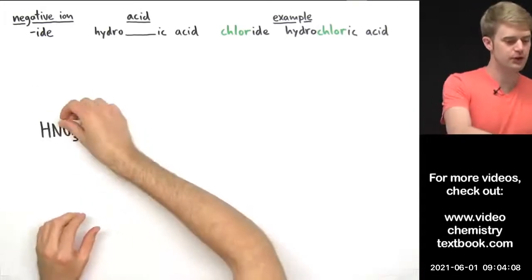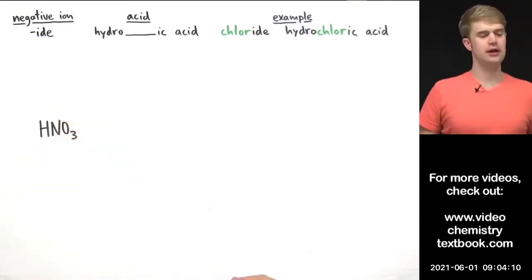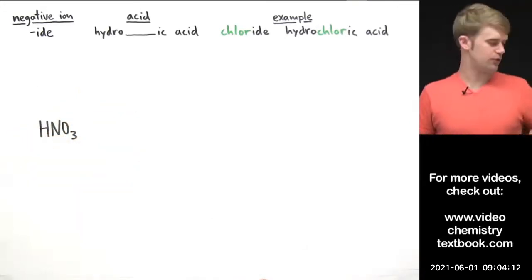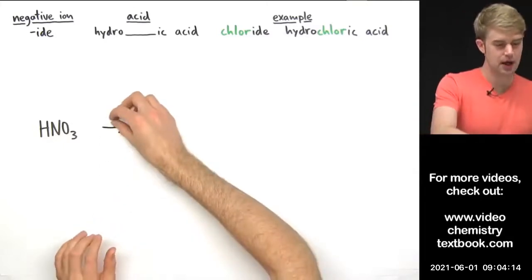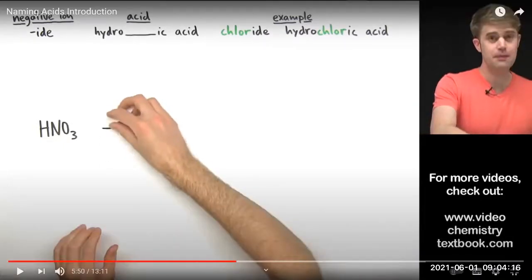So here's our first acid with oxygen that we're going to name, HNO3. We're going to break this up. For every acid, I thoroughly recommend to break it down into its ions. Remember, one ion is going to be hydrogen, and the remaining is going to be the anion. So what is the anion that you recognize in that acid? What is the name of NO3?